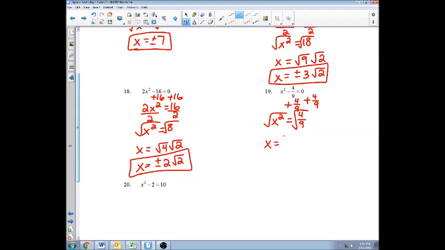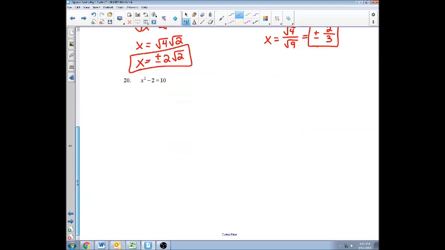So x would equal the square root of 4 over the square root of 9, because I could break up my one fraction inside of a square root into 2 separate square roots like we did on the front problem. The square root of 4 would be plus or minus 2. The square root of 9 would be plus or minus 3. So my answer would be plus or minus 2 over 3.